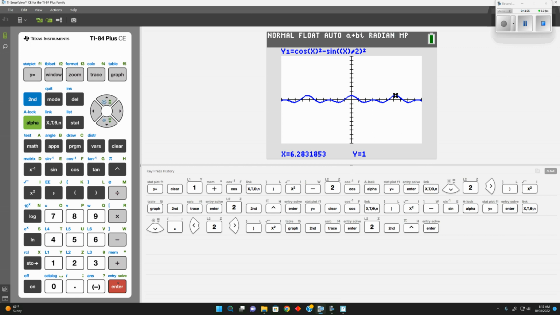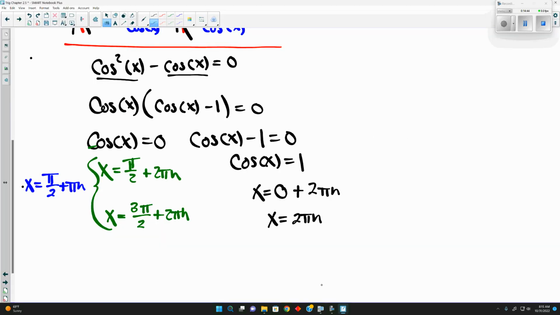So if we look at this here, it does intersect the x-axis at 1, 2, 3 different locations. So we're looking for 3 different solutions, possibly plus 2 pi n, or it could be the case that one of them does repeat every pi units. But we're looking for at least 3 specific solutions.